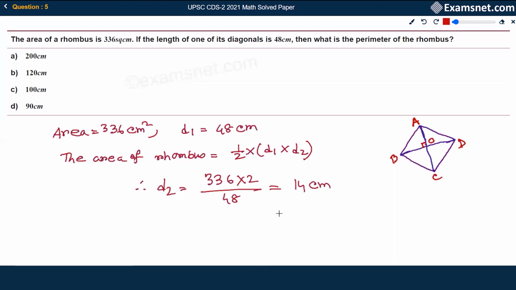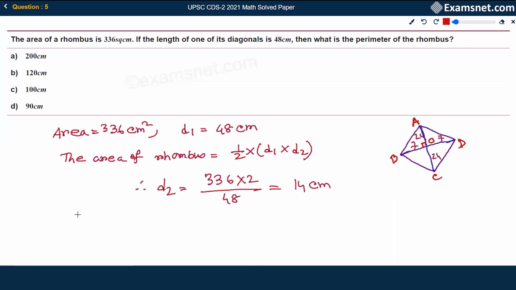So next, we now can say that since they bisect each other at right angle, so let's say here this one is 7 and this one is 24.